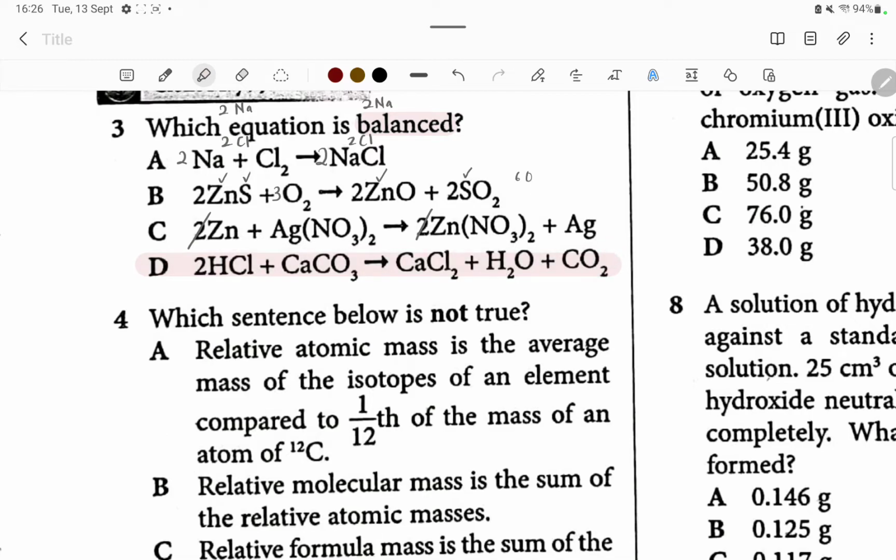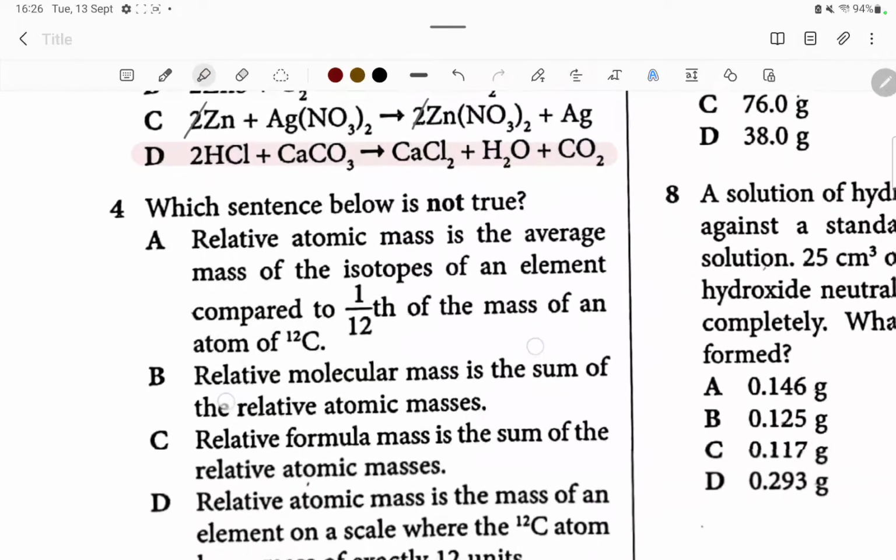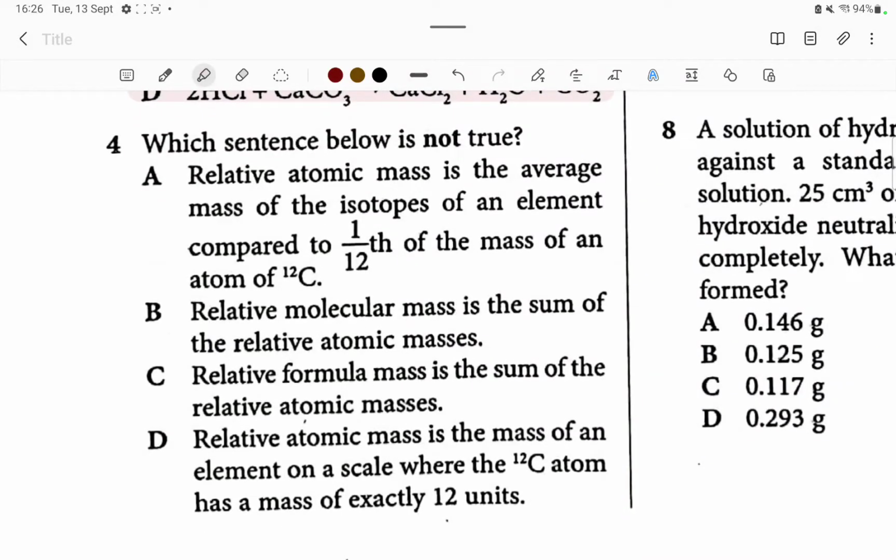Okay. Let's look at number 4. Which sentence below is not true? Relative atomic mass is the average mass of the isotopes of an element compared to 1/12 of the mass of an atom of carbon-12.